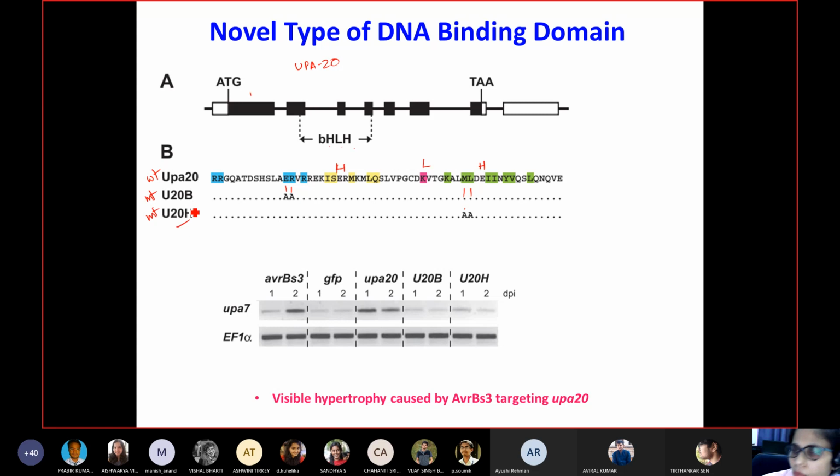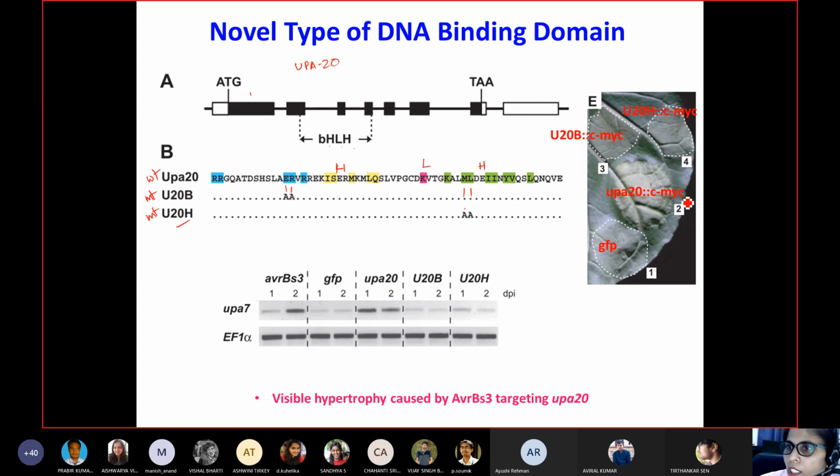Once they started injecting into the plant, GFP was taken as a control because it should not give any response. Direct injection of UPA20 caused a hypersensitive response, as you can see here in 2. Then the mutant did not give any hypersensitive response, and the second mutant in the helix region also did not give a hypersensitive response. Two things to understand here.